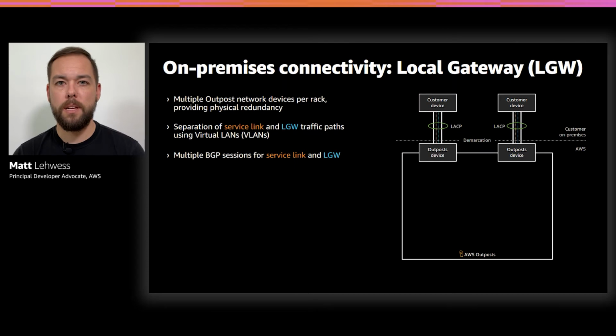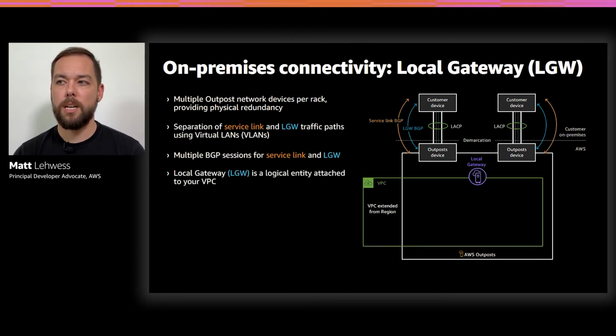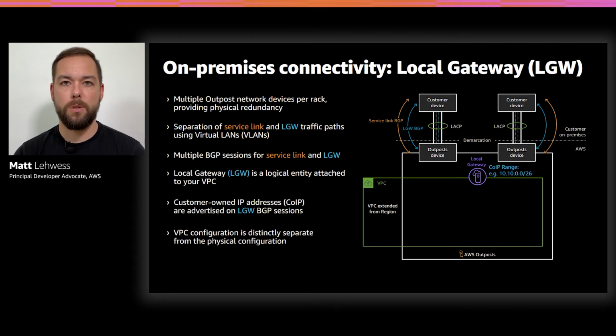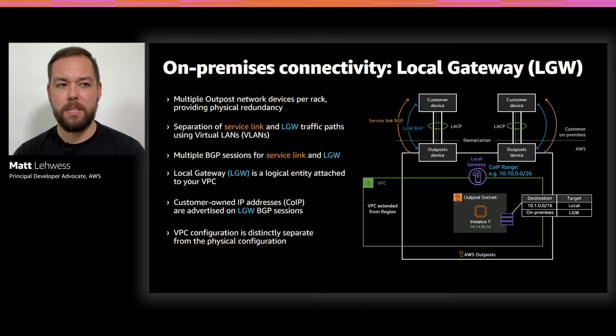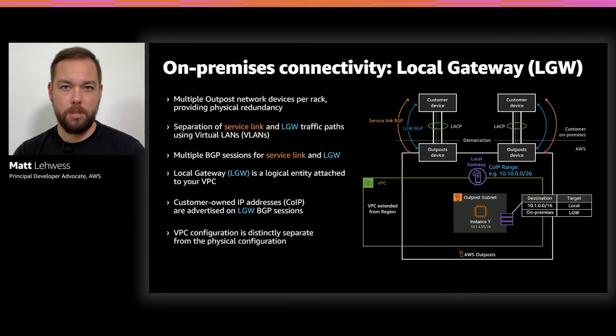And so we use BGP to advertise the routes from the Outpost, and then the LGW is attached to the VPC and basically bridging through to your on-premises there to your LGW. And so we've essentially got our routing inside the VPC itself, and the VPC routing is separate from what you would actually do on premises to the Outpost as well. So there's a little bit of segmentation there too.